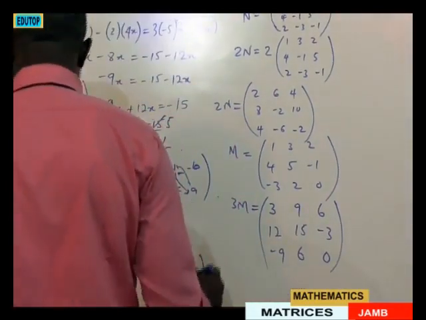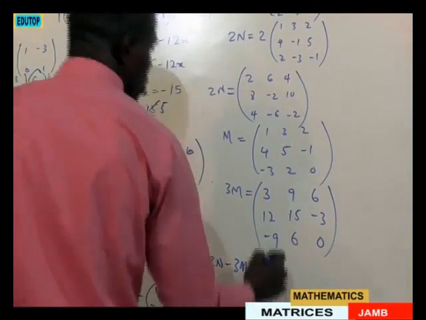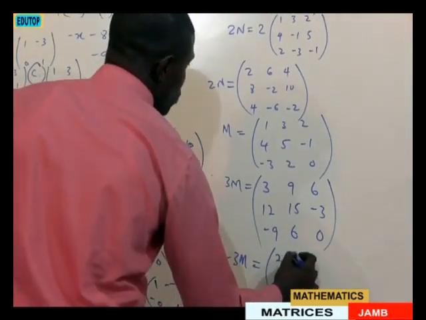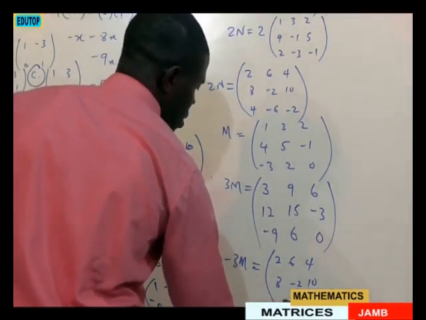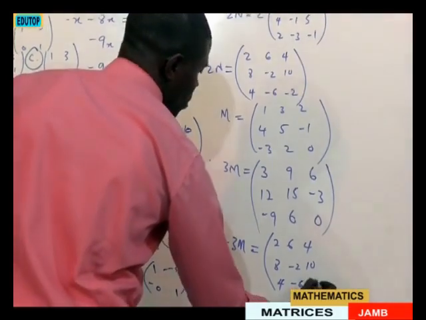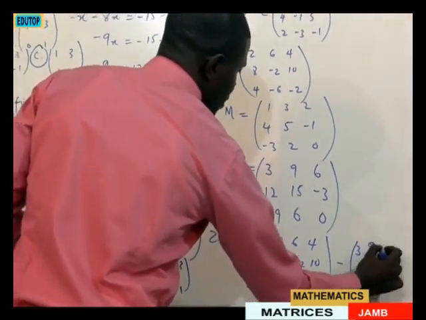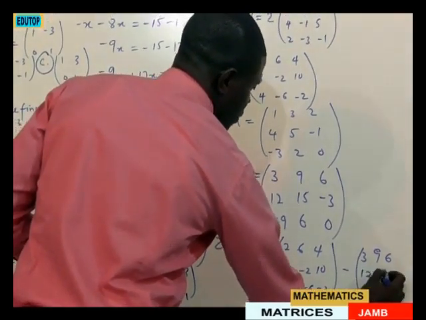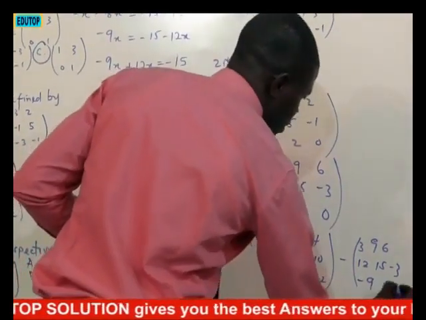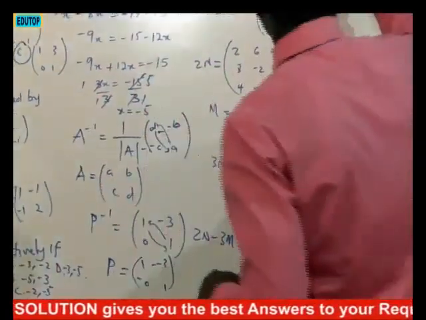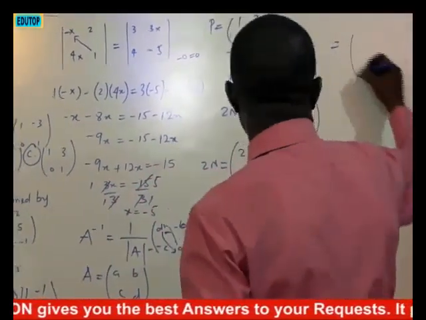So if you are now to subtract 2N minus 3N, where is our 2N? 2, 6, 4, 8, minus 2, 10, 4, minus 6, minus 2, minus 3, 9, 6, 12, 15, minus 3, minus 9, 6, 0. So here, let's do it stepwise. 2 minus 3, that is minus 1.